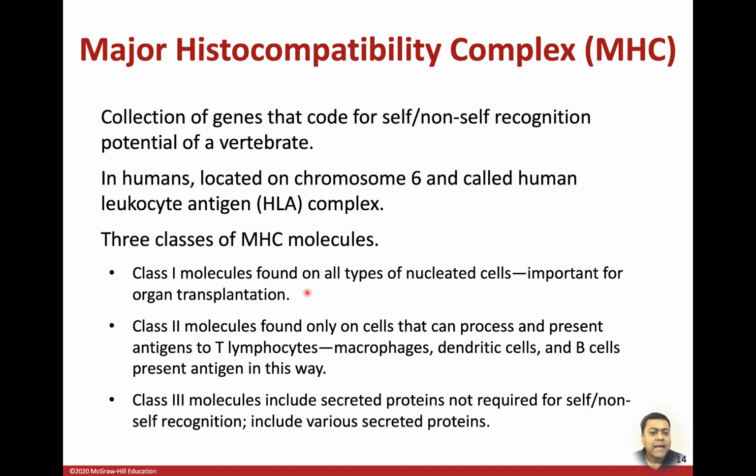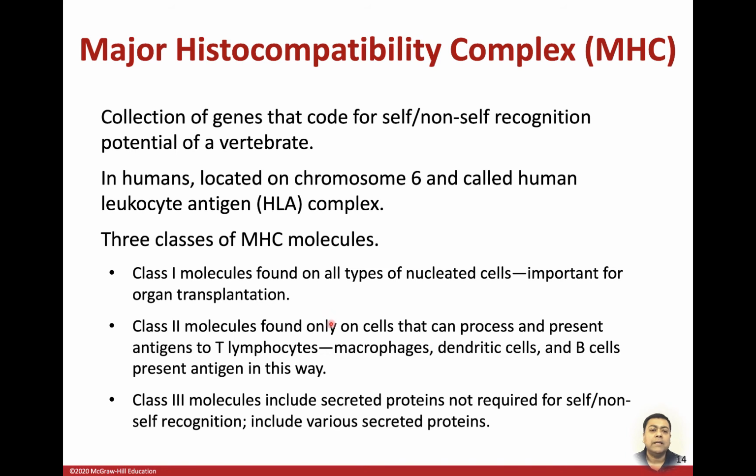What do we mean by that? Between the donor and the patient, these class 1 MHC molecules, the ABC types, should match very closely. If it does not match, your immune cells will attack that transplant and reject it as foreign. And this is why it is important for organ transplantation.